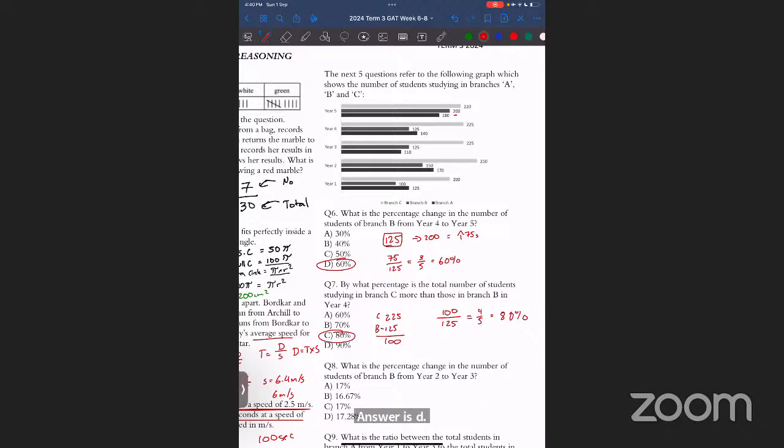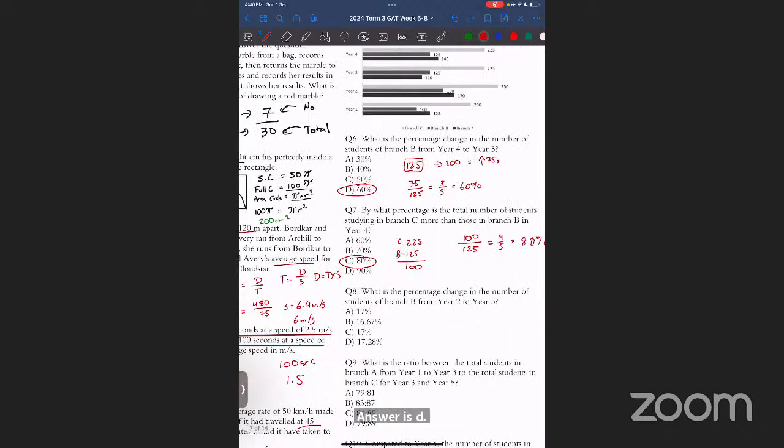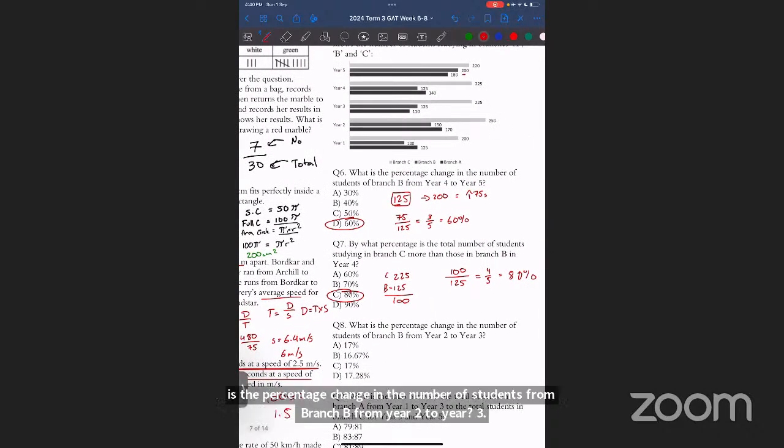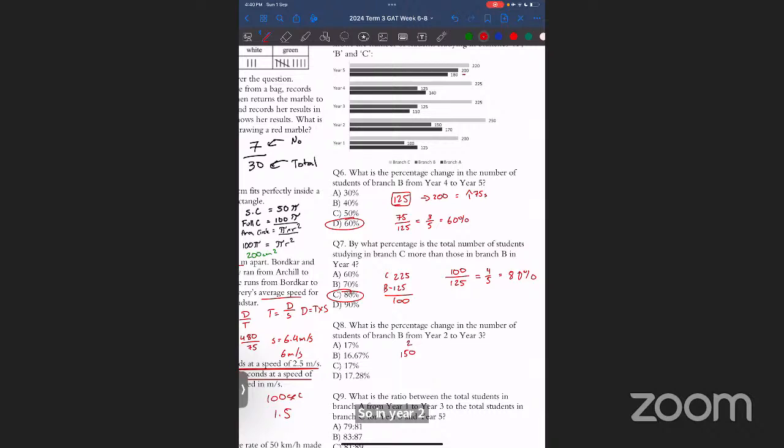All right. Up next, what is the percentage change in the number of students in branch B from year 2 to year 3? So in year 2, branch B had 150 students. In year 3, they had 125 students.